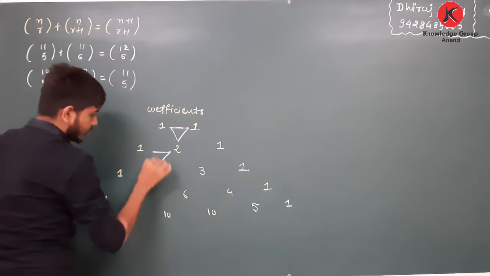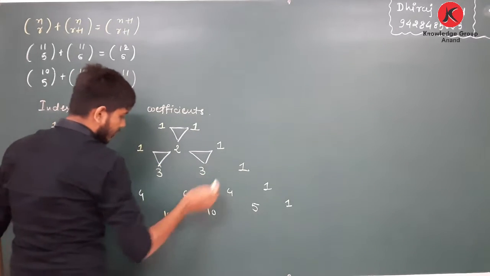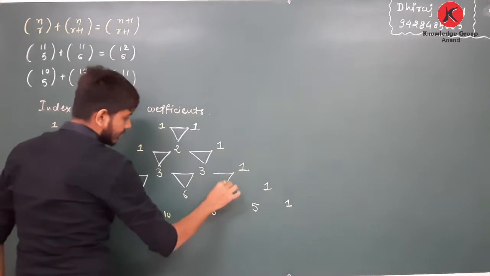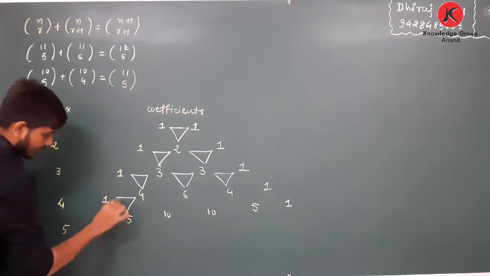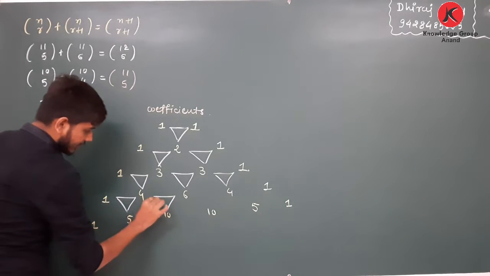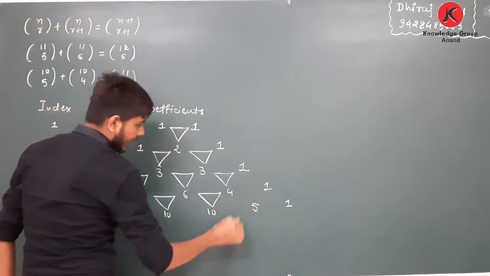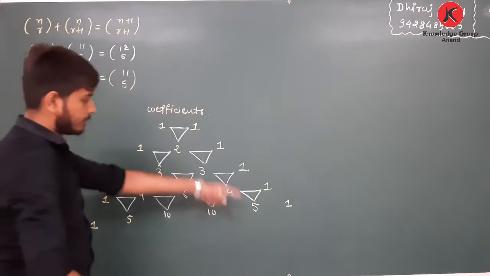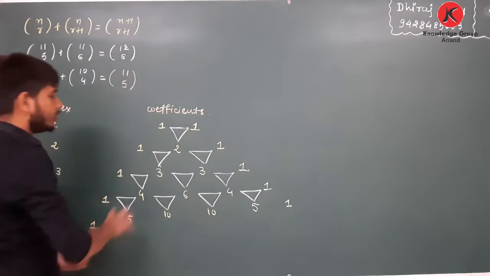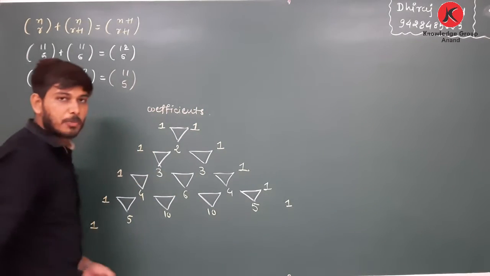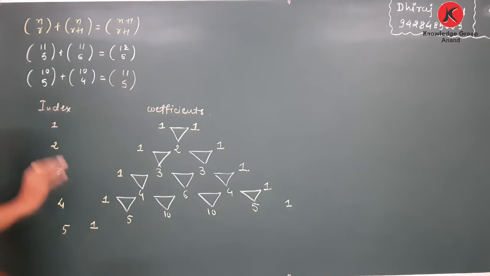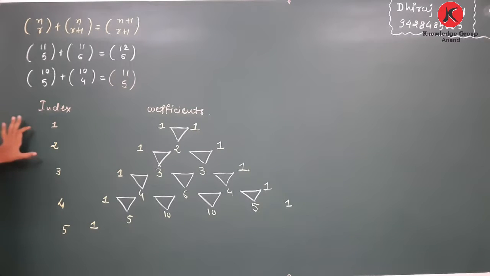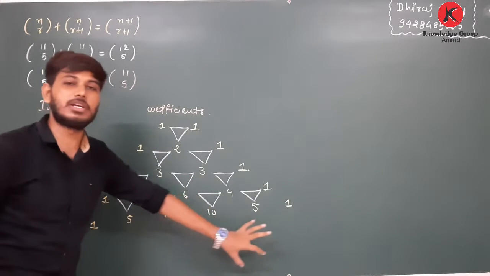See here, 1 plus 2 is 3, 2 plus 1 also 3, 1 plus 3 is 4, 3 plus 3 is 6, 3 plus 1 is 4, 1 plus 4 is 5, 4 plus 6 is 10, 6 plus 4 is 10, same as 4 plus 1 is 5. This way, continuously by use of Pascal's triangle, we can obtain the coefficients of any index. We will obtain the coefficients for any a plus b to the power of the index.